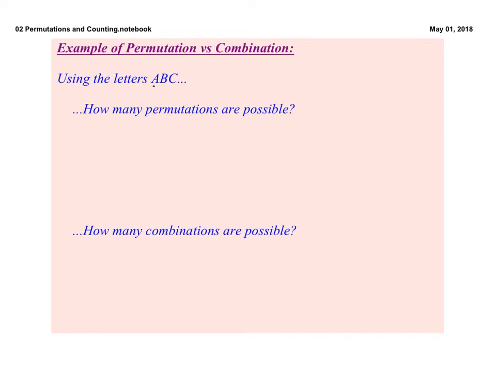If I have the letters A, B, and C, when I'm counting permutations, every time I switch the order of the letters, it counts as a new permutation. There, I think I got all of them included there.